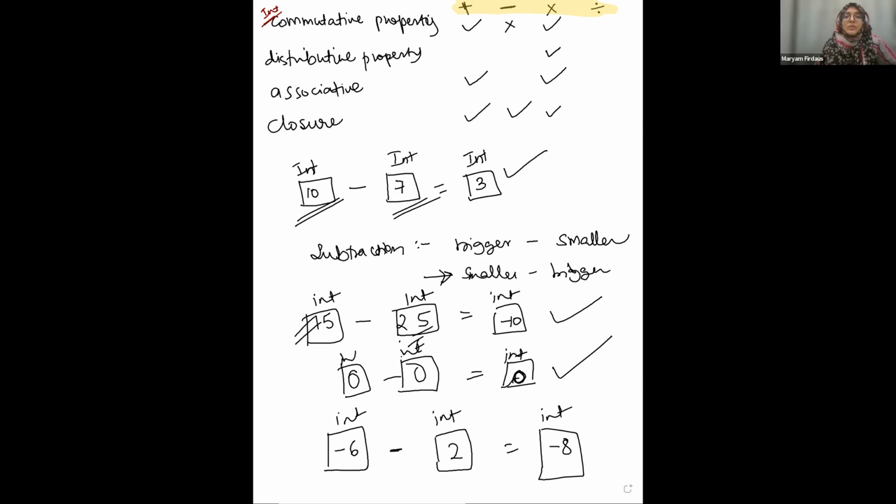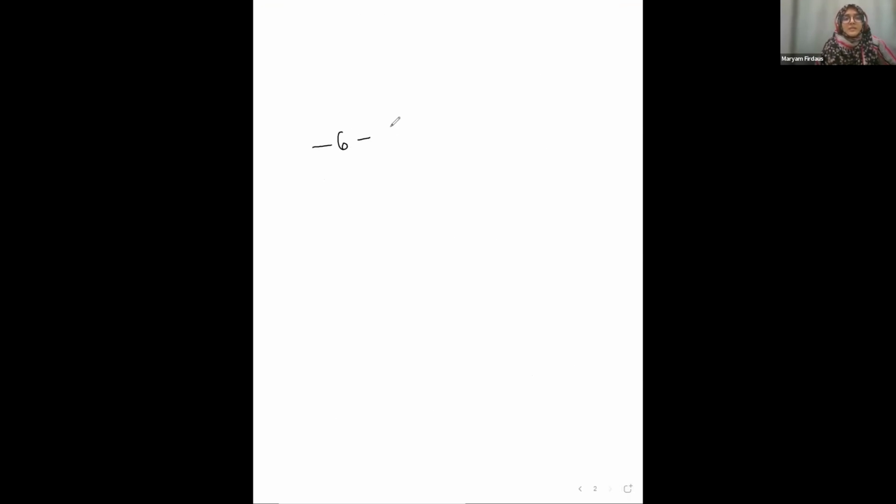Can I ask you a doubt? Yeah, of course. If the question was -6 minus -2, in that do we have to subtract or add? Okay, let's see this. -6 minus -2. First of all, tell me what this will become if I want to simplify it.